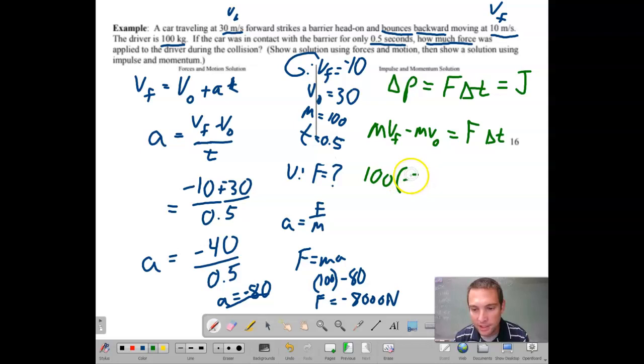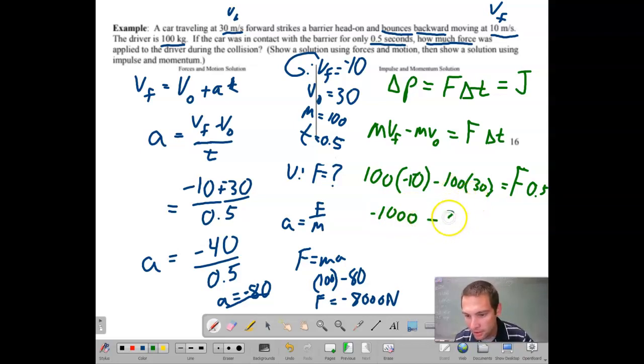So 100 times negative 10 minus 100 times 30 equals F times 0.5. Okay, so just be careful with your zeros. So we have negative 10 times 100, which will give us negative 1,000, minus 100 times 30, which is 3,000, equals F times 0.5.